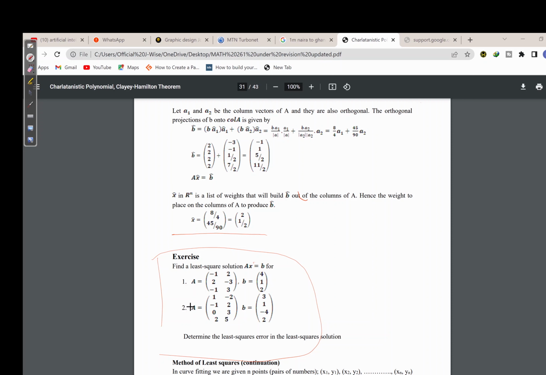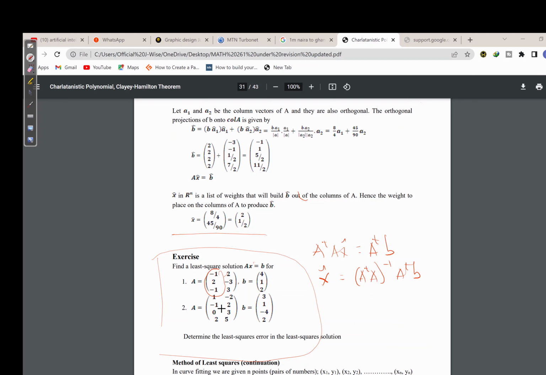So we use this formula: A transpose A x hat is given by A transpose B. So the least square solution x hat is given by (A transpose A) inverse A transpose B. First of all, you transpose this A. When you transpose this A, the first column will be the first row, that's negative 1, 2, 1, and the second column will be the second row. So this 3 by 2 matrix will change to a 2 by 3 matrix.